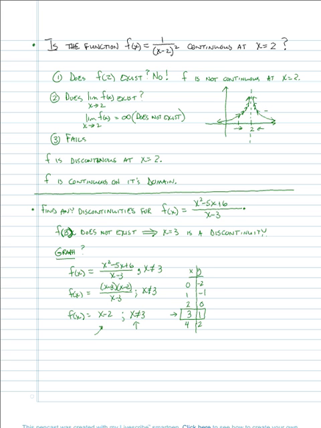Now, when we graph this function, let's go over here and make a graph of it. Okay, so here's 1, here's 2, here's 3, here's 4, here's 5. Here's negative 1, and here's negative 2.